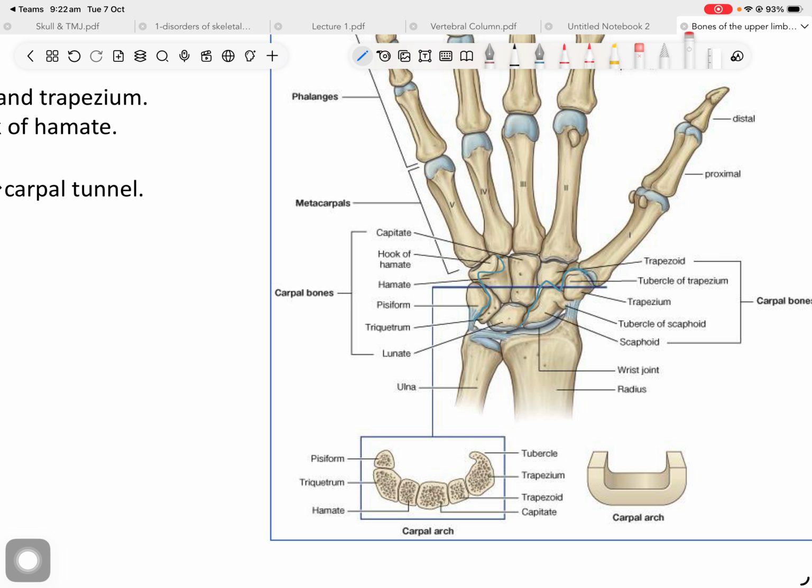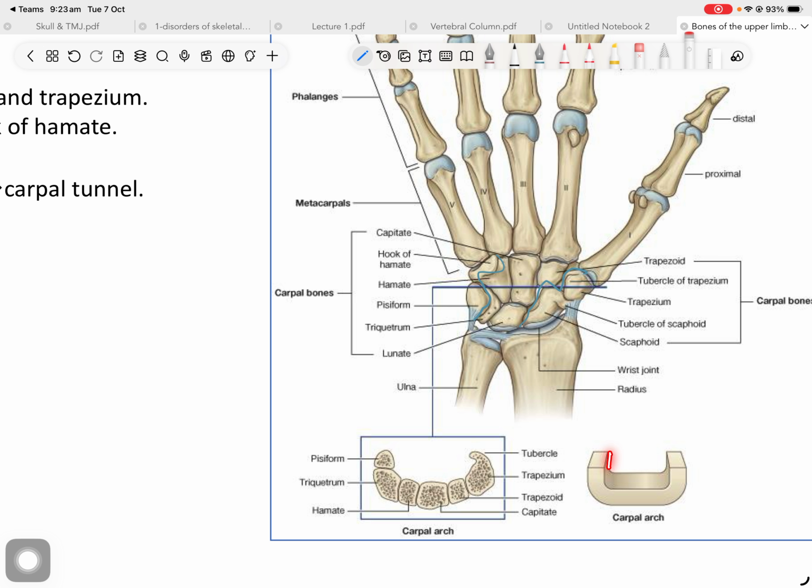What is the importance of this arch? This arch is not just an arch. I have a deep fascia. It comes on top of this, okay? And it closes it like this and forms a tunnel. We call it the carpal tunnel. So how is the carpal tunnel formed? From the carpal arch.